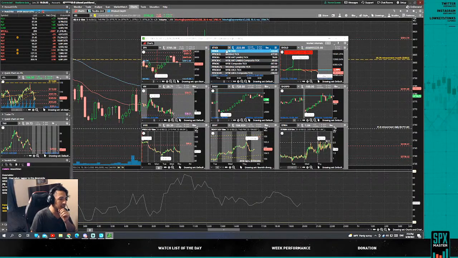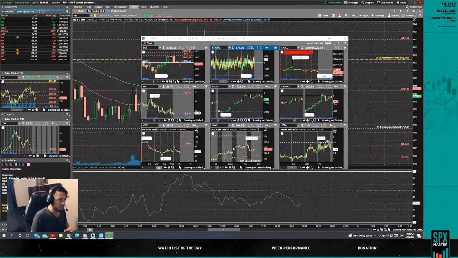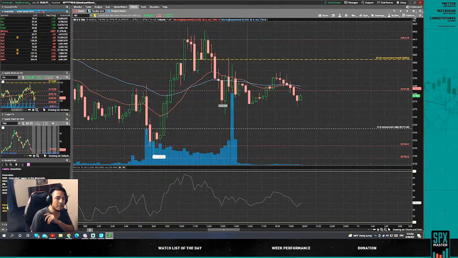You see the NYSE TICK right here. Because you also have the tick for the Nasdaq, which I don't really use. It's good enough to use the NYSE. The heartbeat of the market. This basically is what happened under the hood.